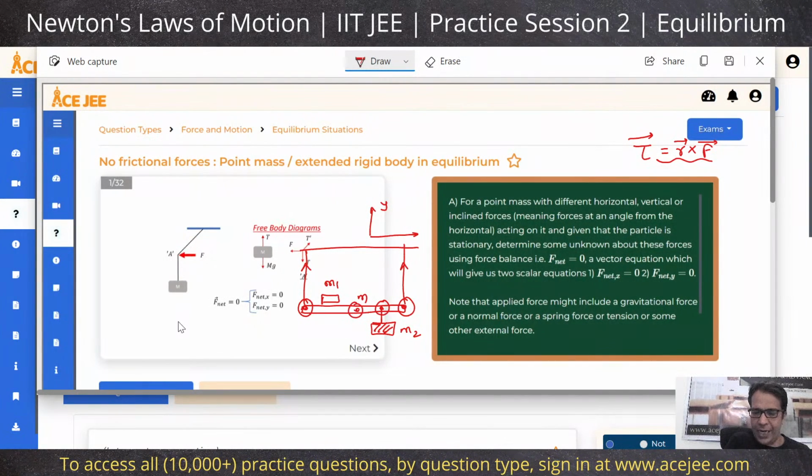You can pick anywhere in this two-dimensional plane. It does not really matter. You will still get only one independent equation for tau z equals 0.